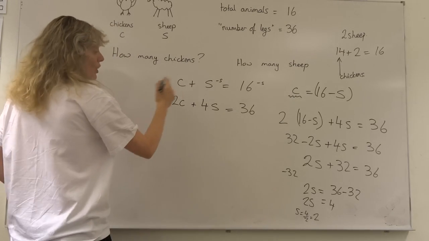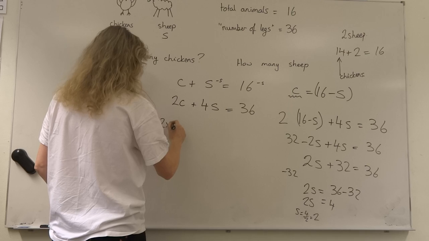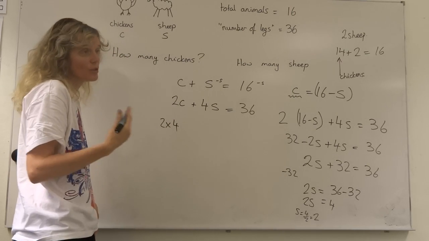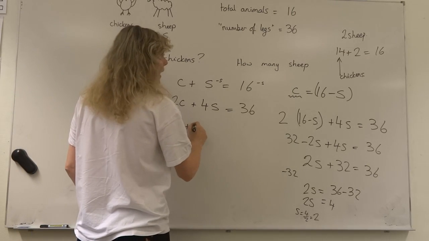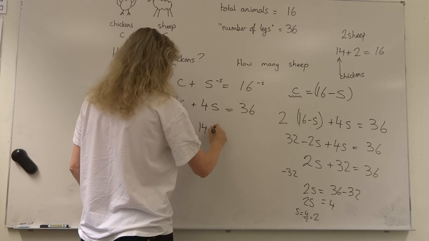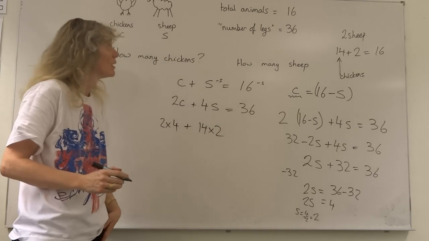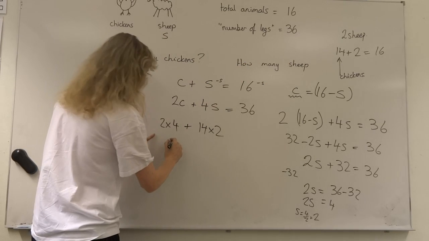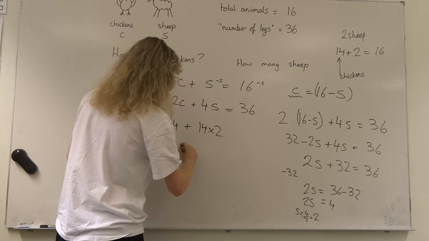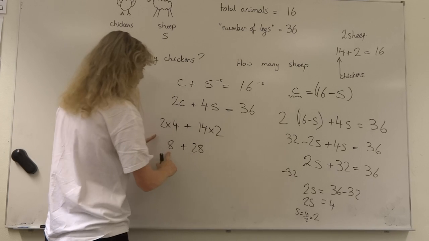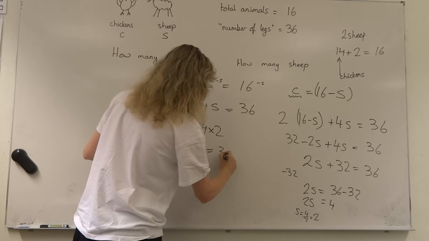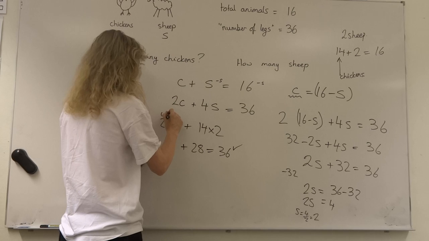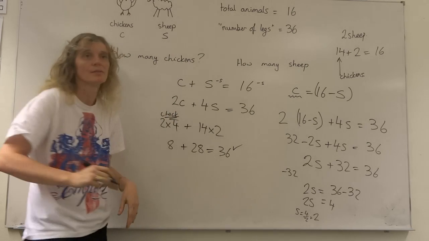If I take 2 sheep with 4 legs, assuming all our sheep have 4 legs, and I add my 14 chickens with 2 legs, I should get 36. 2 4s are 8. 14 times 2 is 28. 8 plus 28 is 36. Yes, so my check is correct.